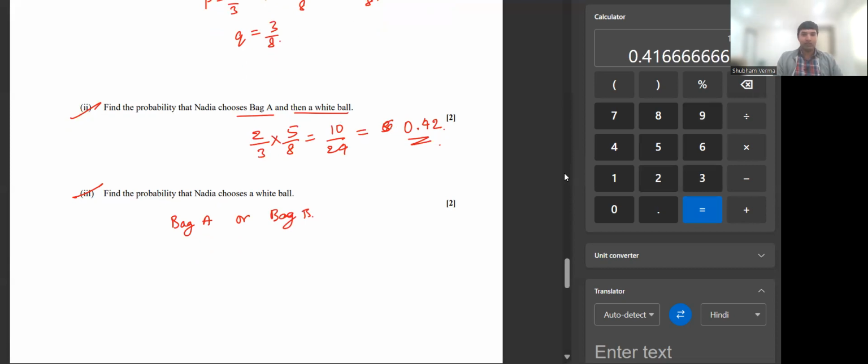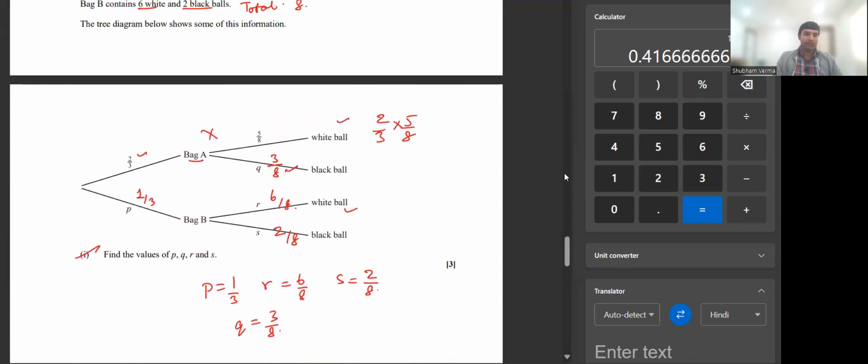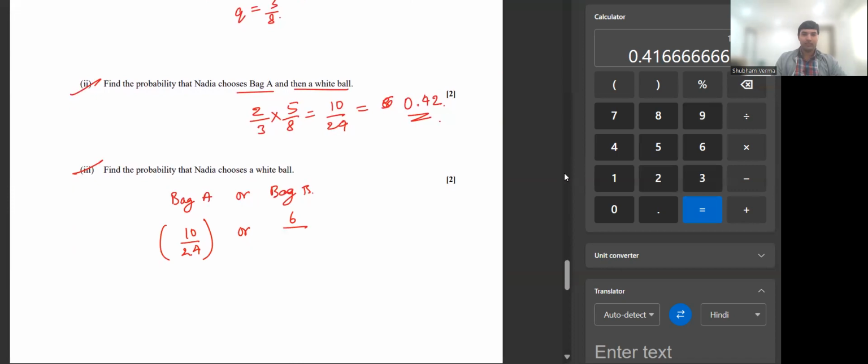We have already done bag A, which is nothing but 10 by 24, and we add bag B. The probability of choosing a white ball from bag B is independent from choosing a white ball from bag A. So bag B is 1 by 3 multiplied by 6 by 8, which is 6 by 24.